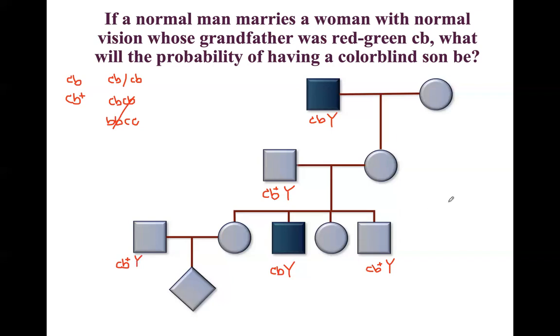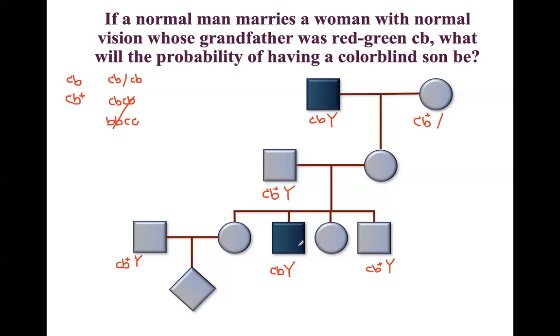Females tend to be a little bit trickier, again, because we have two copies, so we kind of have to figure out which one is the recessive one, which one we can't see. But that's doable. Let's take a look. This female, normal, so CB plus, is marrying in, but we do see kids expressing the disease.